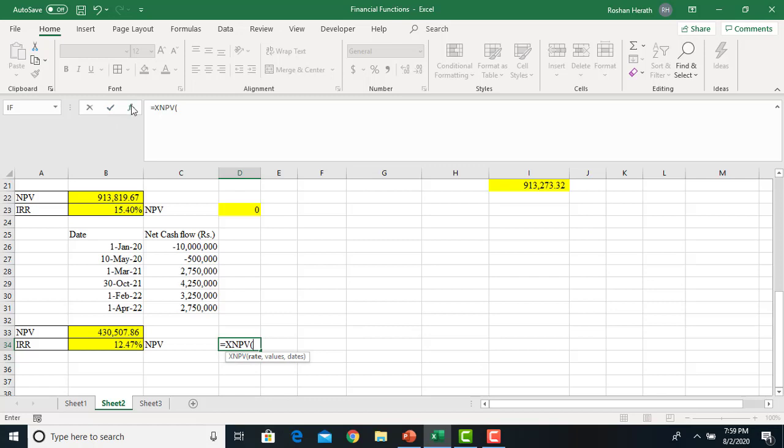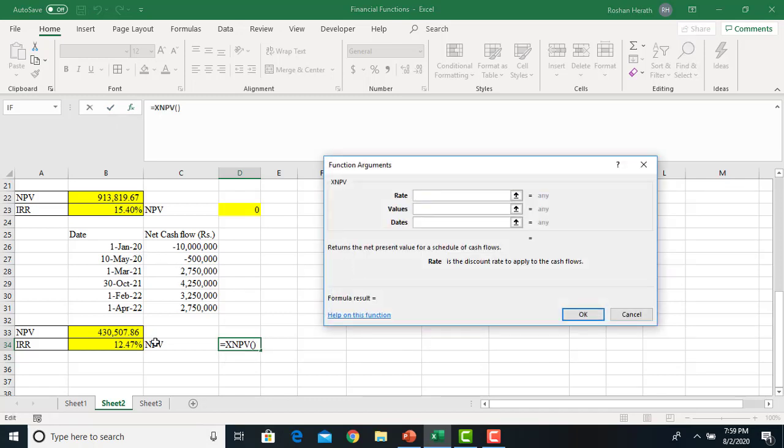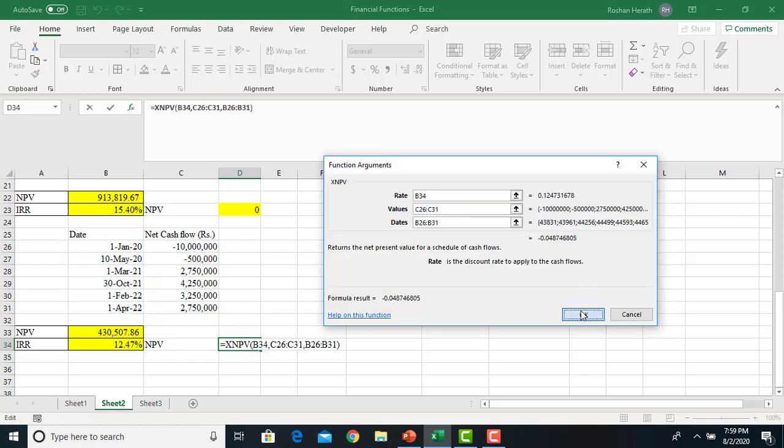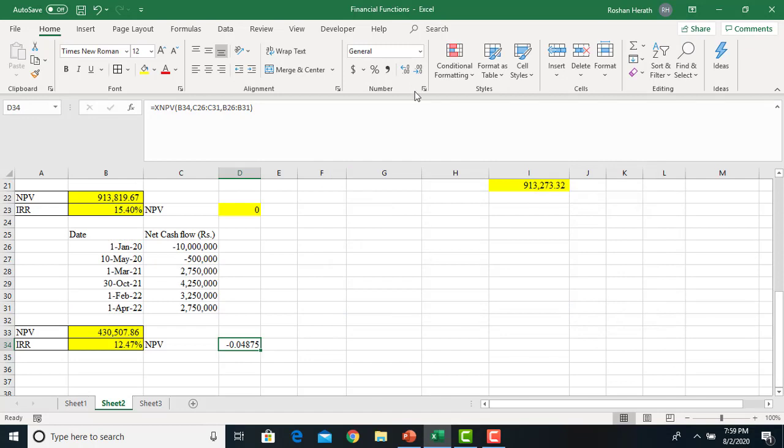XNPV must be taken. The rate, this is it, and the values. Here we have the values and the dates. Again it is almost 0.04. If you take it to one decimal place, it is exactly 0. So therefore, you know how to apply XIRR and IRR for a given scenario.